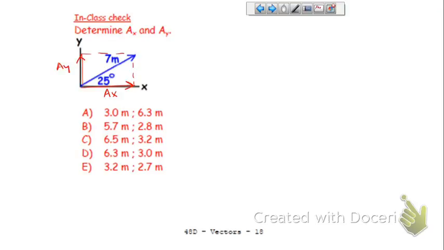How big is Ax and how big is Ay? From trig, Ax equals 7 cosine 25. Adjacent over hypotenuse is a cosine, so adjacent equals the hypotenuse times the cosine of the angle, 7 cosine 25. And Ay, which is the same as this opposite, is equal to 7 sine 25.